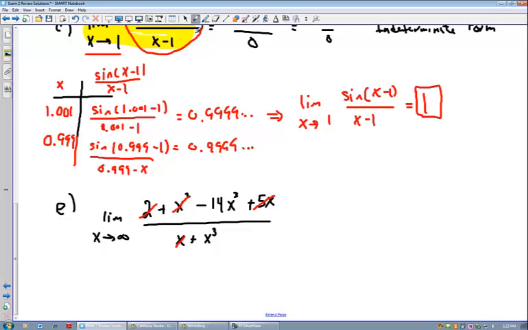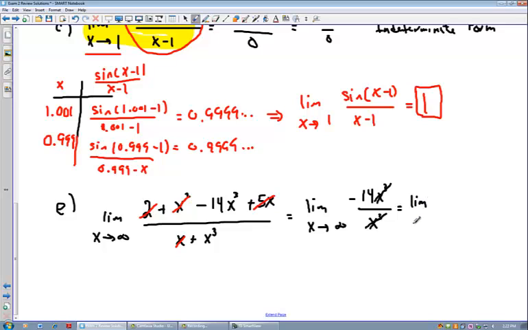So this is really equal to the limit as x goes to infinity of negative 14x cubed over x cubed, because these terms are going to be the ones that dominate. And then again, things are going to cancel, so this x cubed is going to cancel with this x cubed on the bottom.